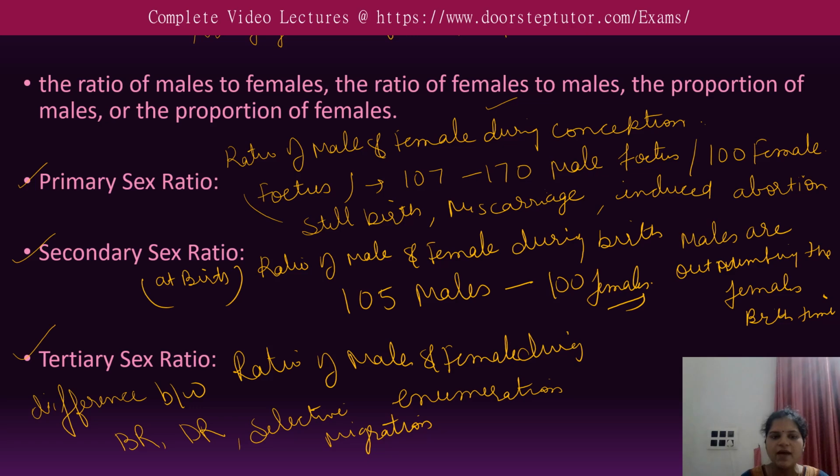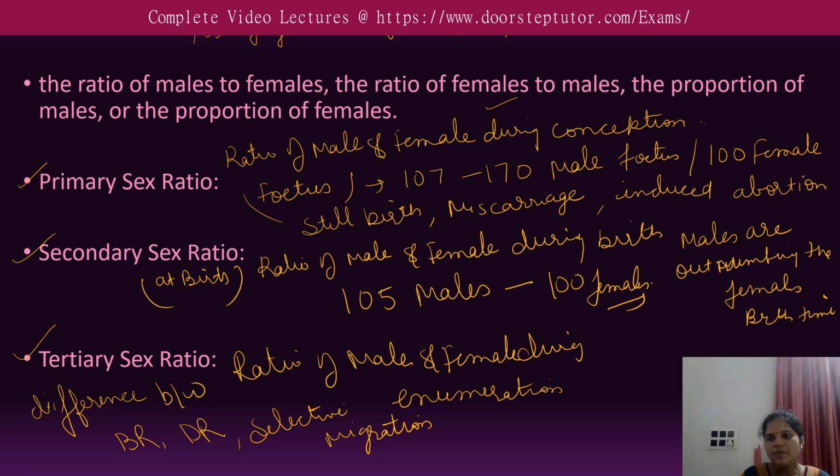So all these three factors can affect the tertiary sex ratio. It deals with the male and female population remaining after all these socio-cultural impacts and other factors.